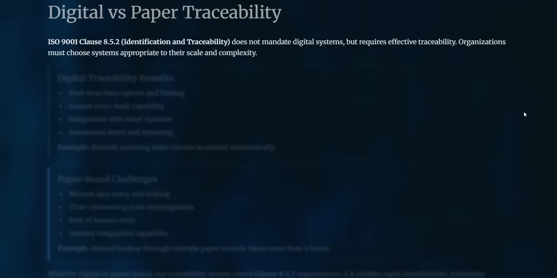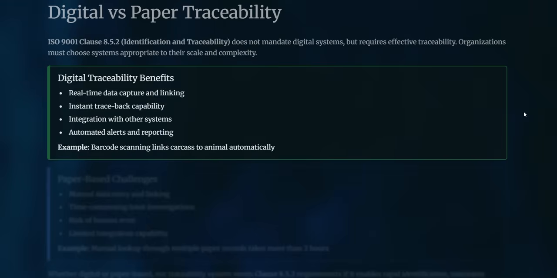So organizations must choose systems that are appropriate to their scale and complexity. So feel free to use any type of traceability, either paper, analog, or digital, but use it according to what you can manage. And here we will show you the difference and the preferences.